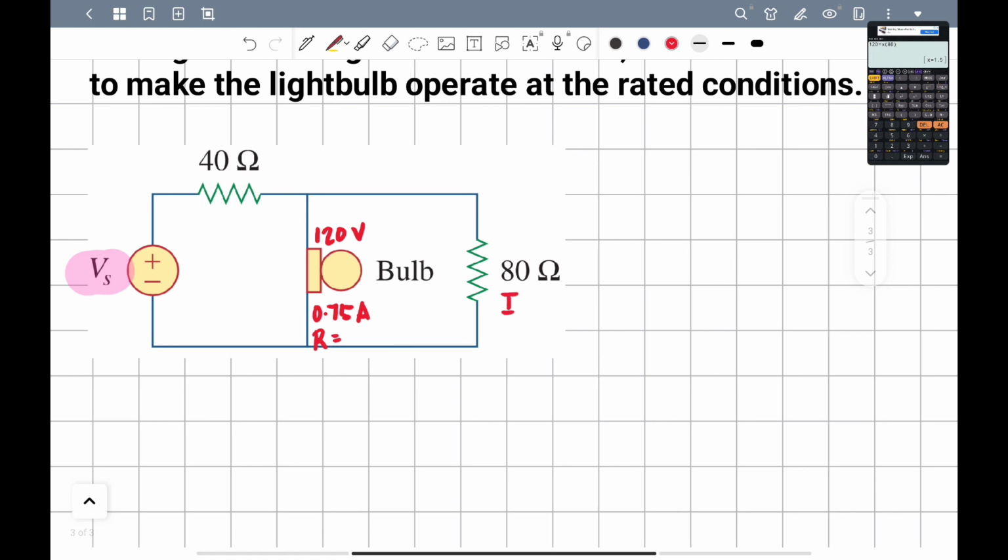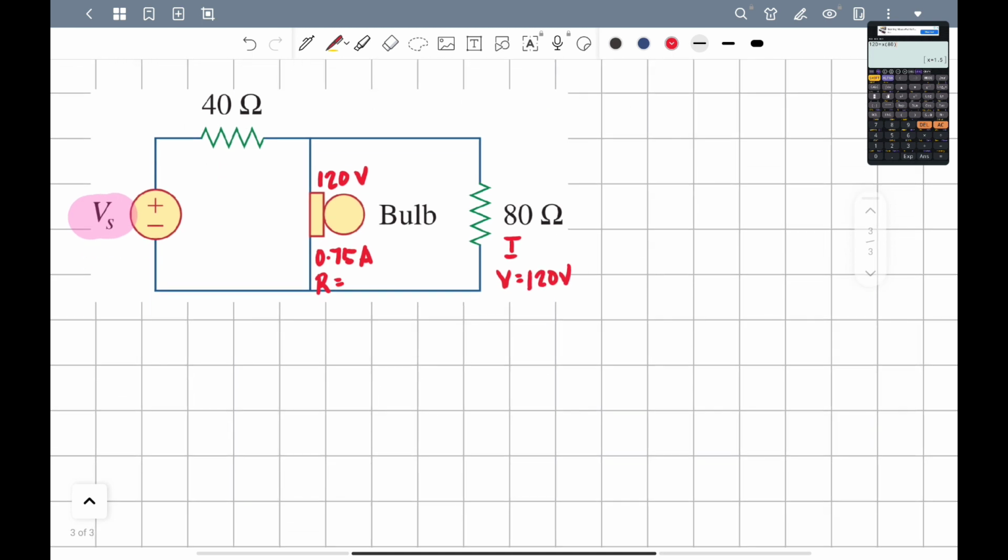Okay, and the volts here is equivalent to 120 volts. Remember that in parallel conditions we have the same volts.